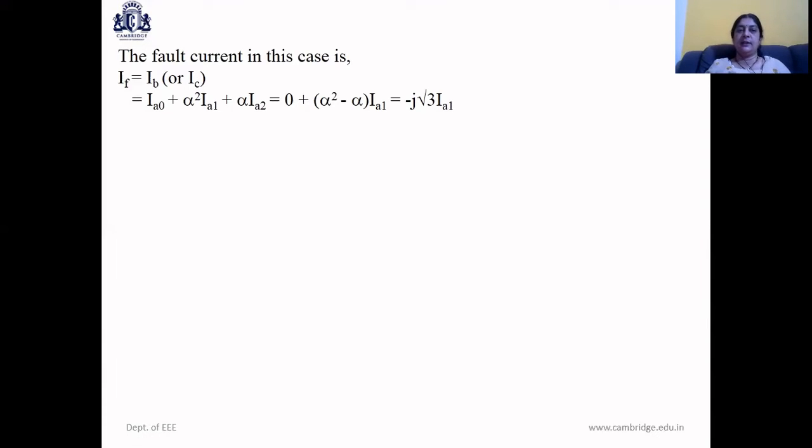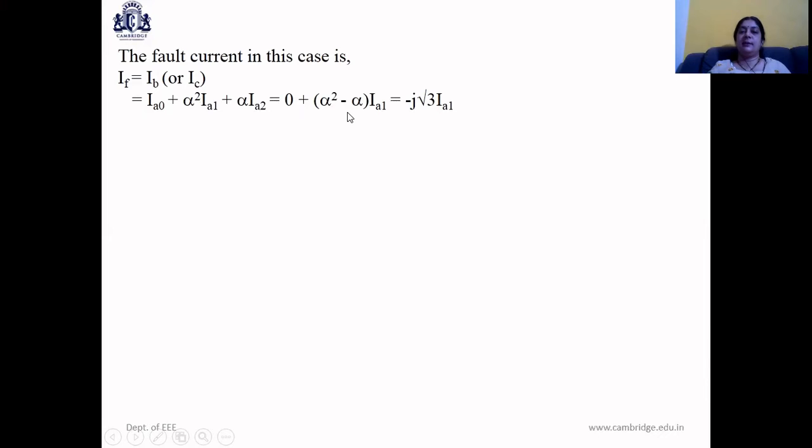Therefore, IF is IA0 plus alpha square IA1 plus alpha IA2. IA0 is 0. IA2 is minus IA1, because IA1 is equal to minus IA2, substituting that. So alpha square IA1 minus alpha IA1. So alpha square minus alpha is taken common out, IA1.